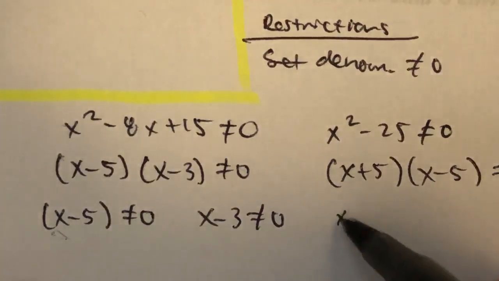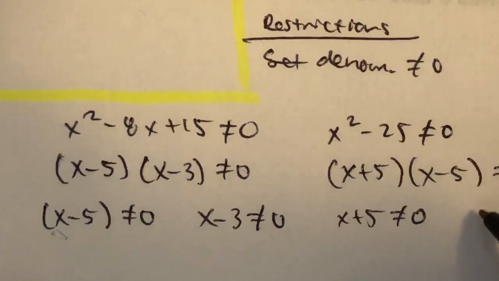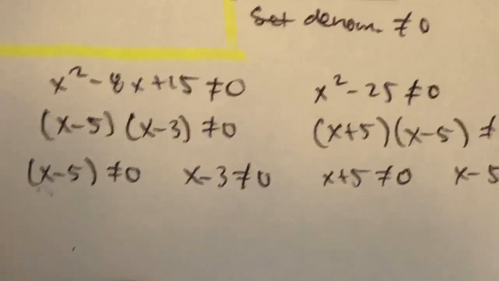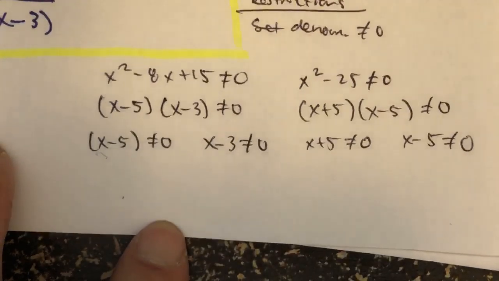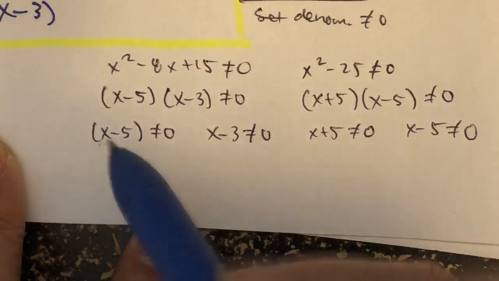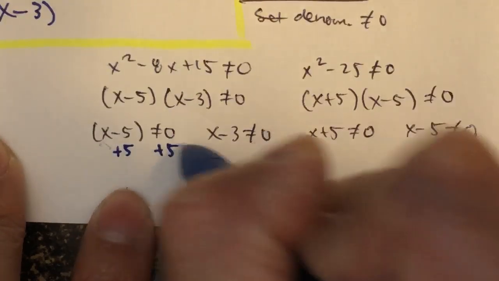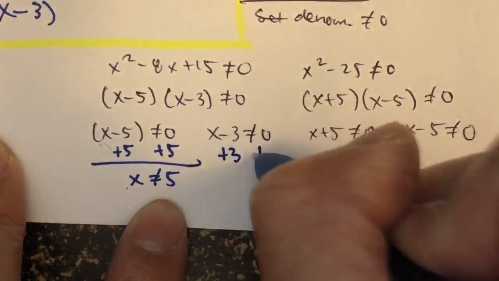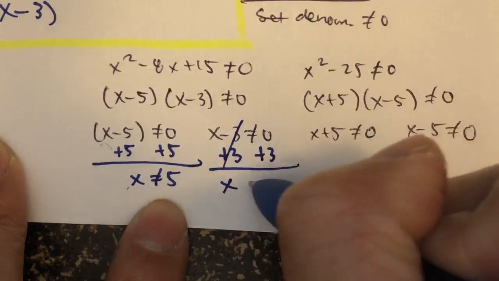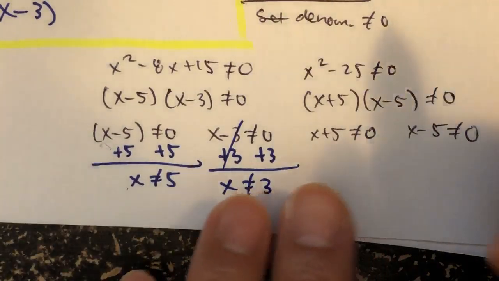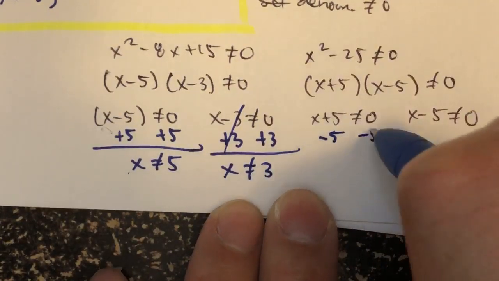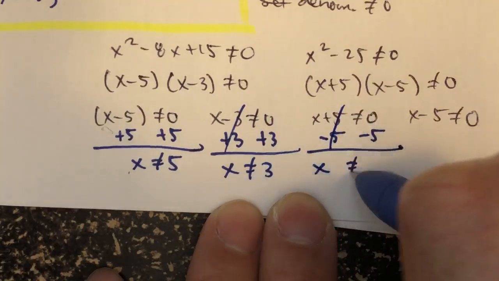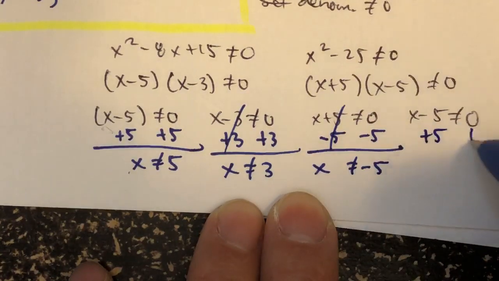So I can set those not equal to 0. And so basically, I'm just solving for x, so I'm going to add 5. So x can't be 5. x can't be 3. x can't be negative 5. And we have a duplicate here. And you don't need to list the duplicates.